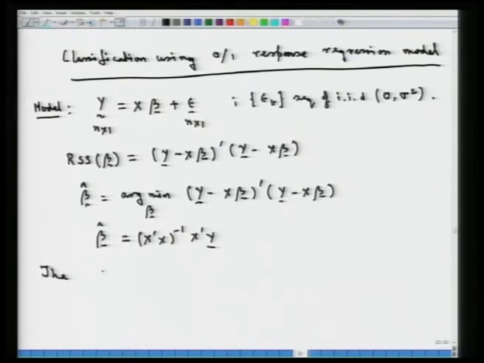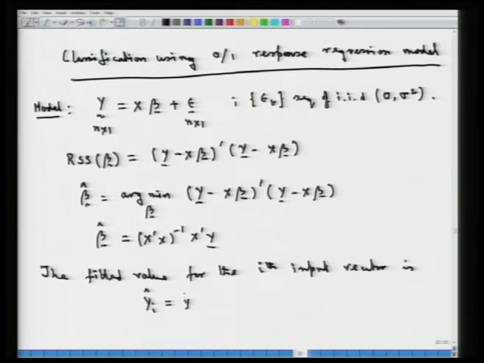Now corresponding to this beta hat, the fitted value for the ith input vector is given by y_i hat, which is equal to y hat of x_i, the ith input vector. It may have a constant 1 in the first entry if the model has a constant term, and it will not have that if we do not have a constant term.